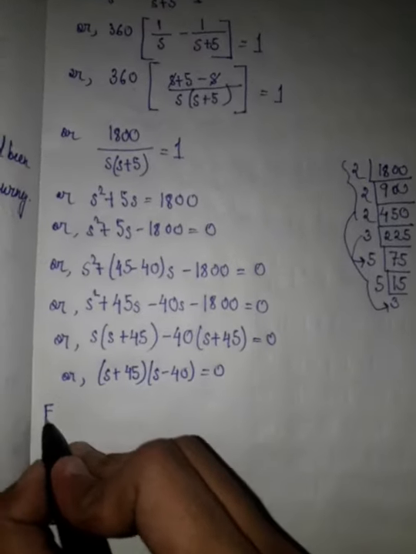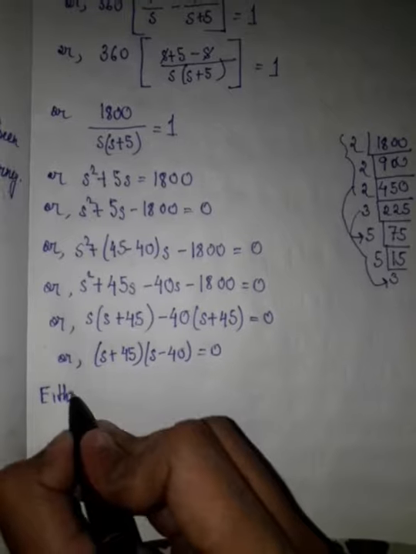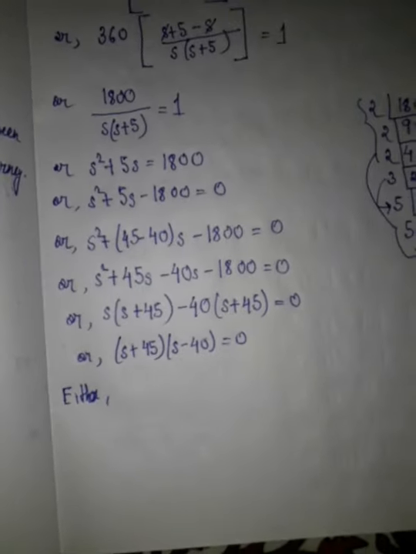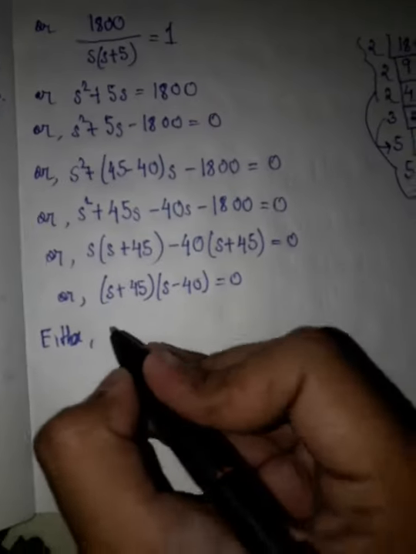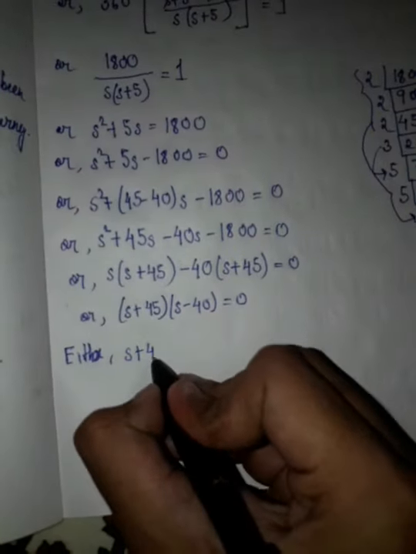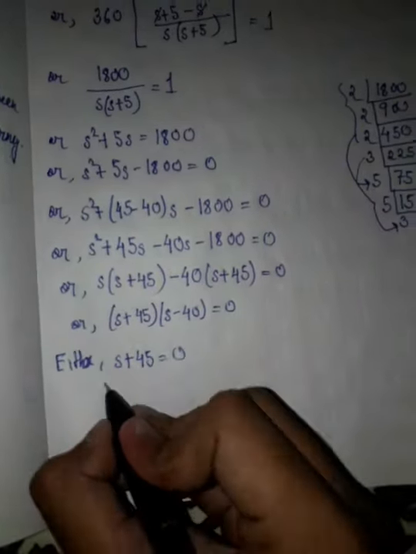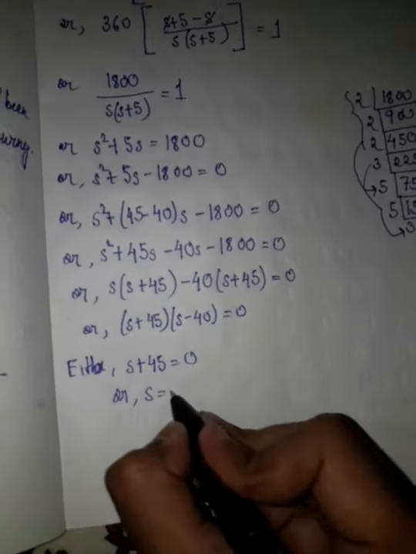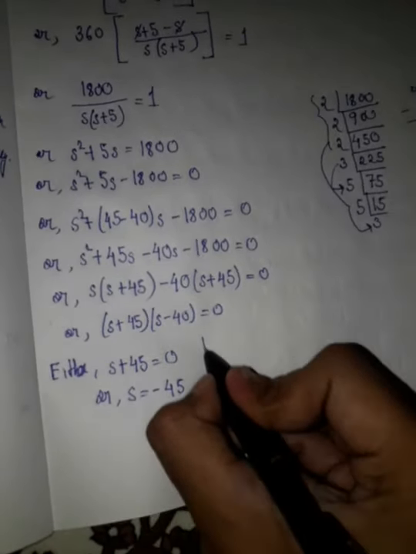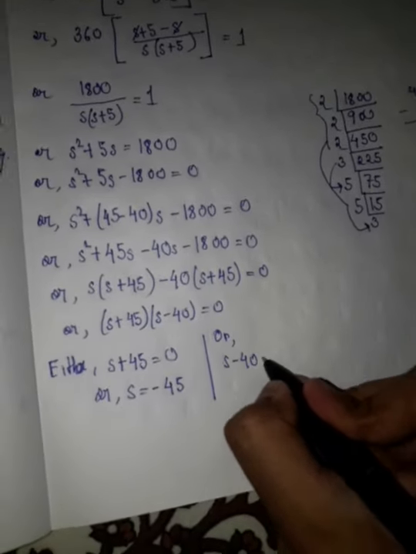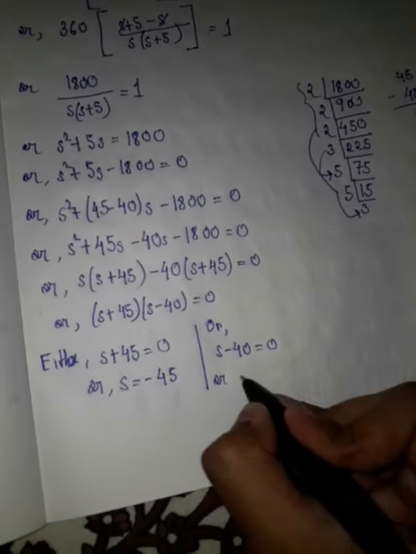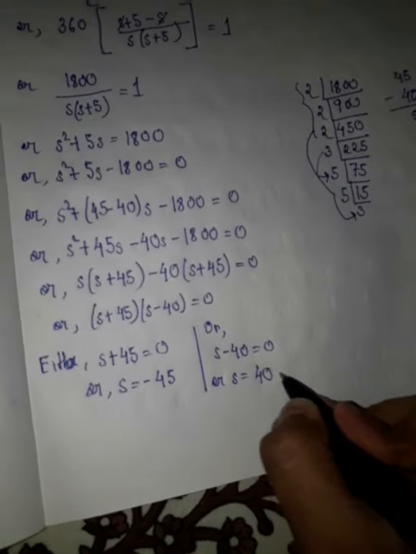So either s plus 45 equals 0, or s equals minus 45, or s minus 40 equals 0, or s equals 40.